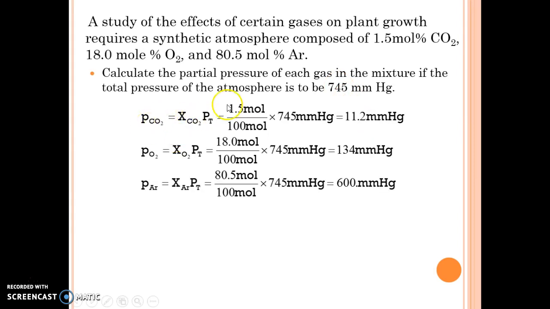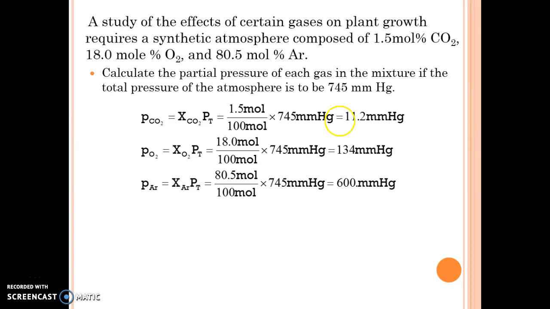So the partial pressure is equal to the mole fraction times the total pressure. If it's a percentage, I can take 1.5 divided by 100 times the total pressure, which gives me the individual pressures of each of the three gases.